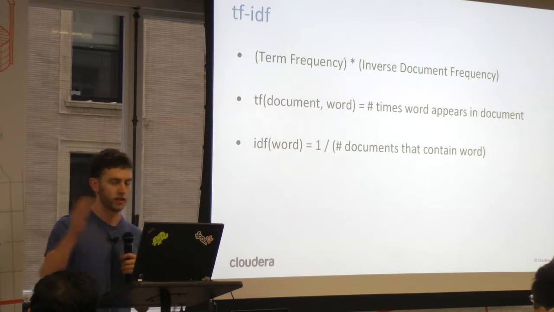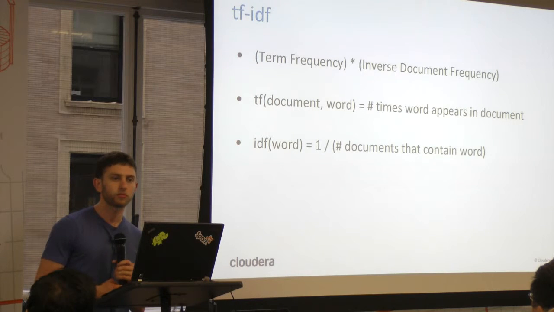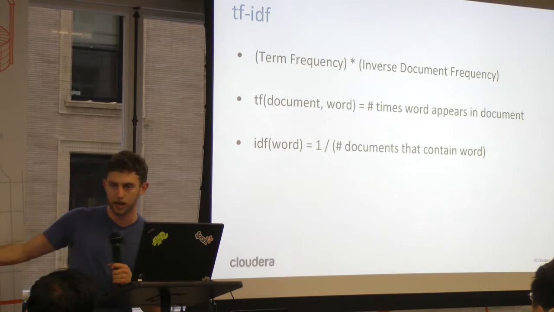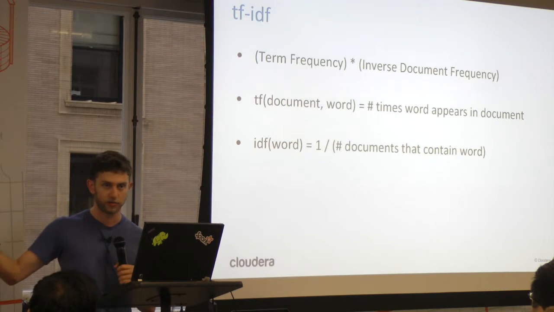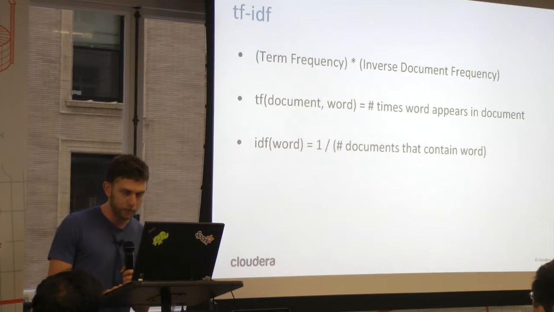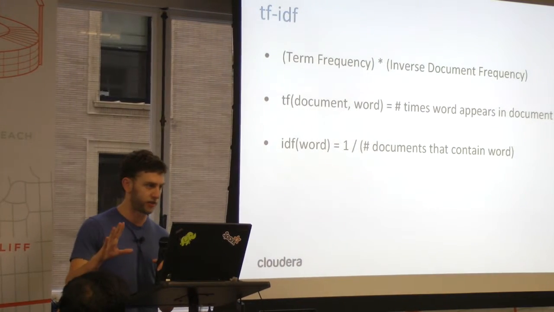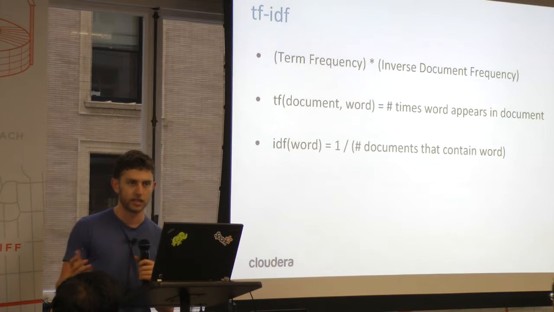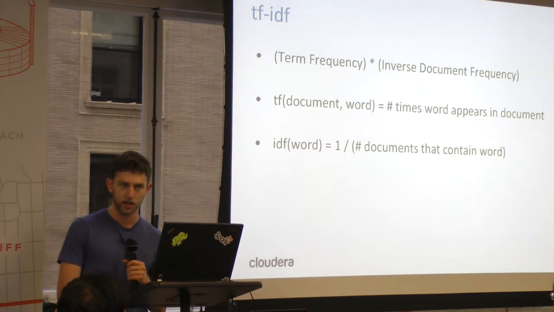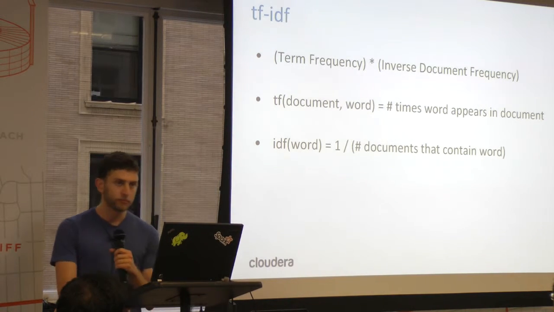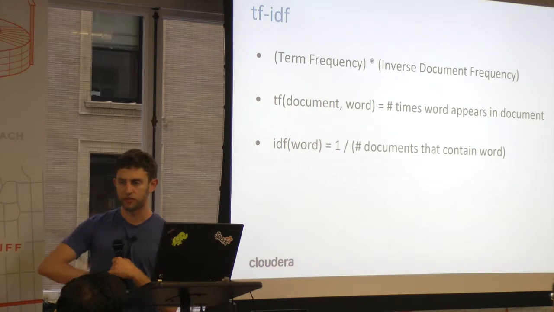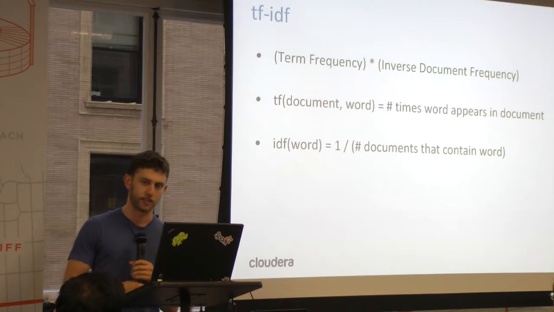And then IDF deals with the other problem that we were discussing, which is that many words can show up in tons of documents. So we compute this score for every word, not for every document-word pair, which is called the IDF, the inverse document frequency of that particular word. And that's simply 1 over the number of documents in the entire corpus that contain that word.